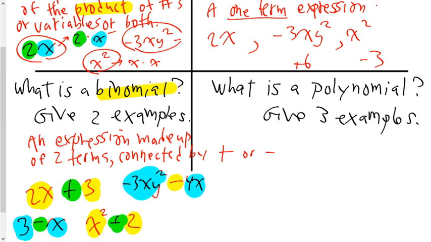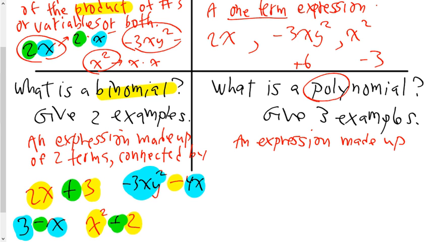And our last thing says, what is a polynomial? Well, poly is poly pocket, but that's a different poly altogether. Polynomial means more than one, so a polynomial is an expression made up of more than one term.